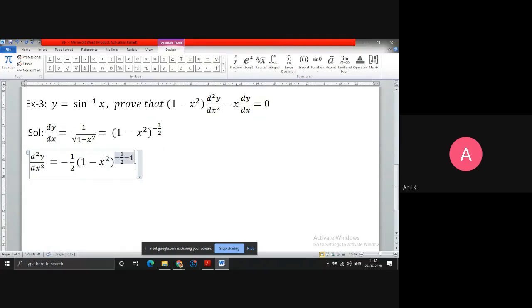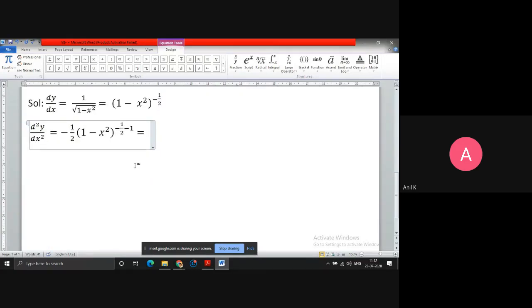This is the formula which we have. I'm just using the x to the power of n formula. The derivative of x to the power of n is n into x to the power of n minus 1.